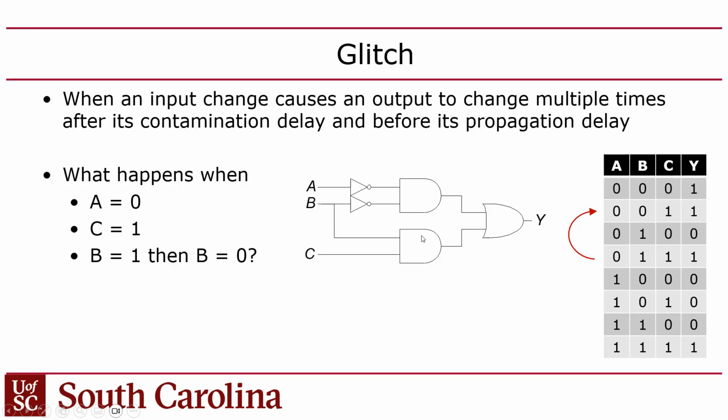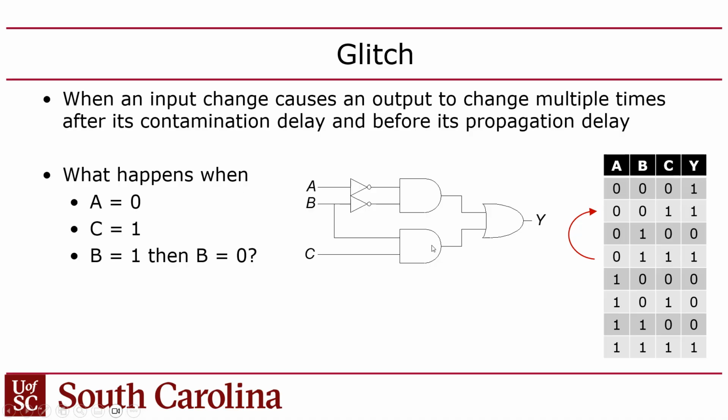essentially makes the output of these 2 AND gates mutually exclusive, because if you set B to 1, assuming A is 0, right? If A is 0 and C is 1, let's assume that for the minute, then if B is 1, it'll set the output of this bottom AND gate to 1.